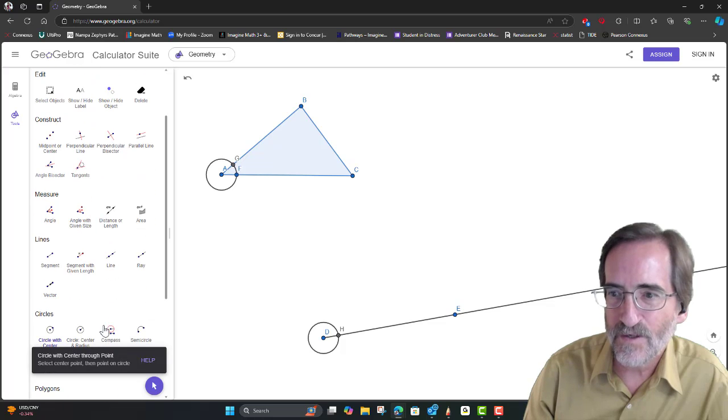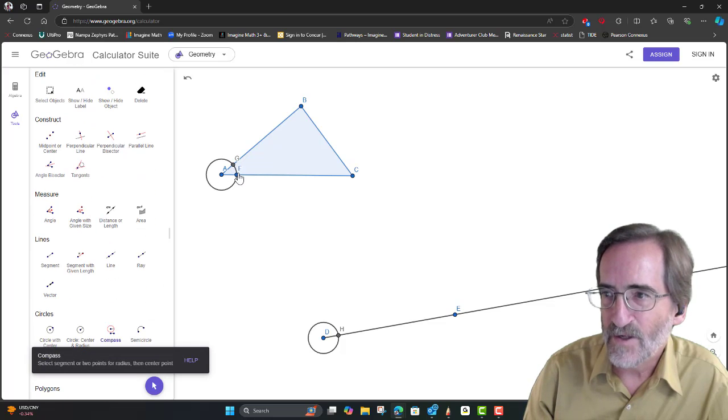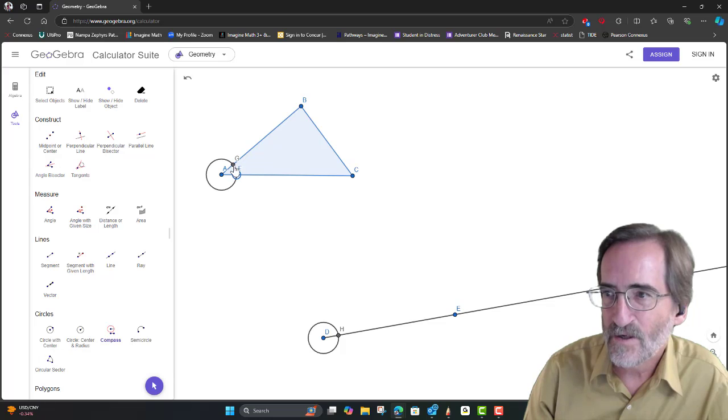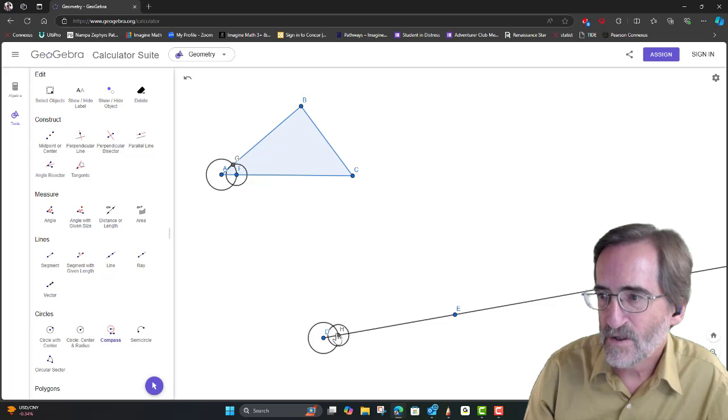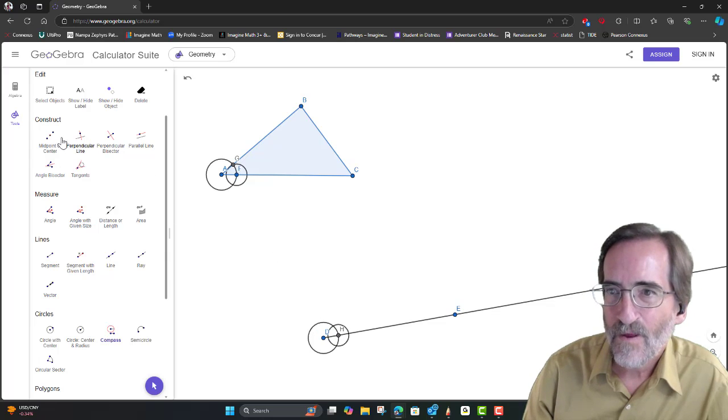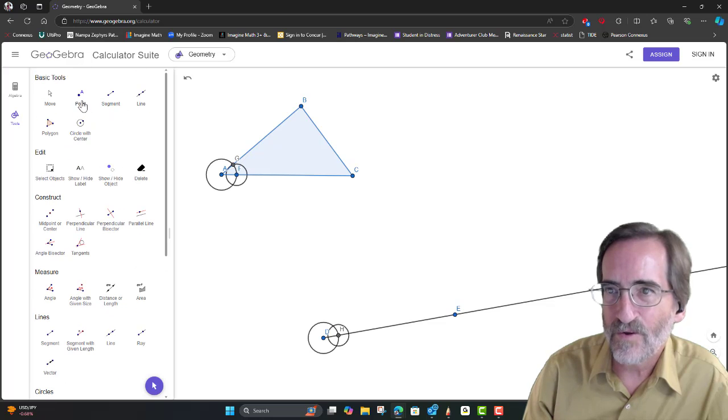Not circle with center, but compass. So I'm going to measure FG and measure FG again and copy it to H. Okay, there we go.